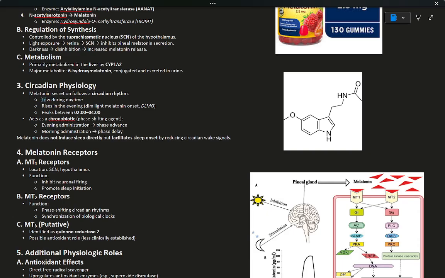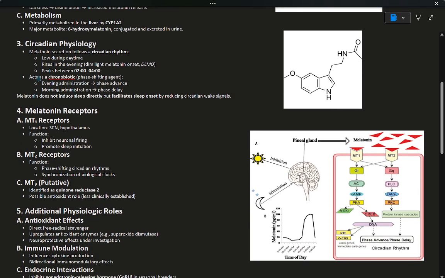Melatonin secretion will typically follow a circadian rhythm. During daytime, its concentration will be low, but then during the evening, it will rise. There's this thing called dim light melatonin onset that just summarizes this phenomenon. And then the peak concentration of melatonin is between 2 to 4 a.m. Also, melatonin acts as a chronobiotic.